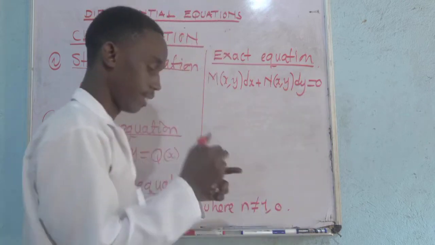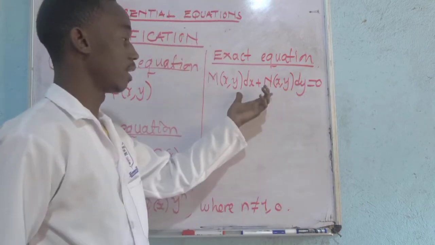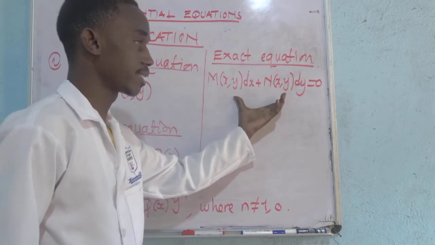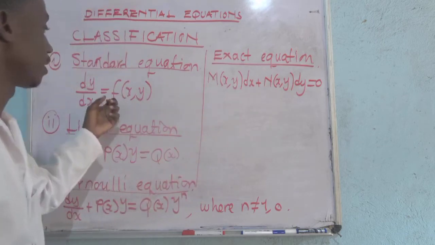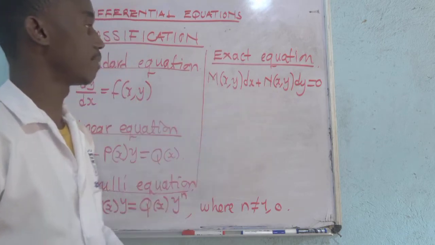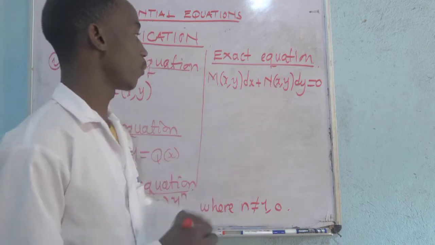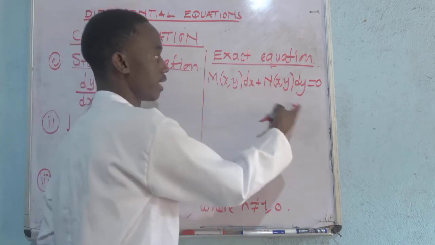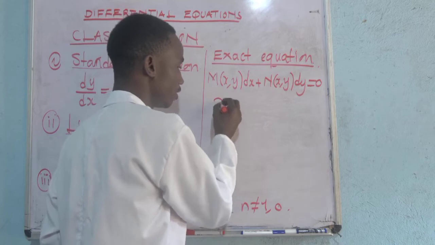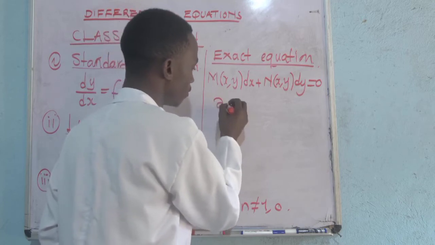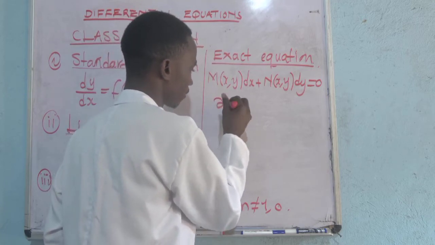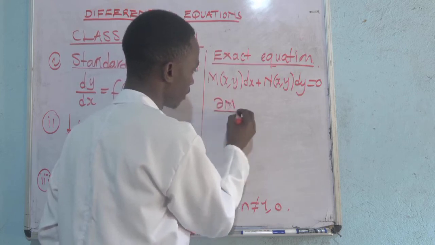So what you have here is an example of the exact equation. If you rearrange the standard form like this, you are going to have something like this. But to verify or check whether or not the given equation is an exact equation, you'd need to check. So you are taking the partial.